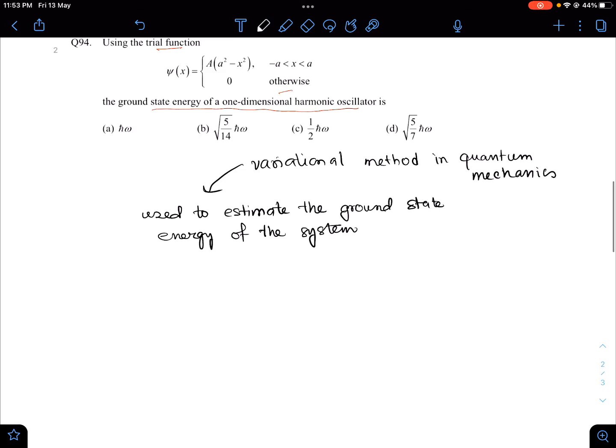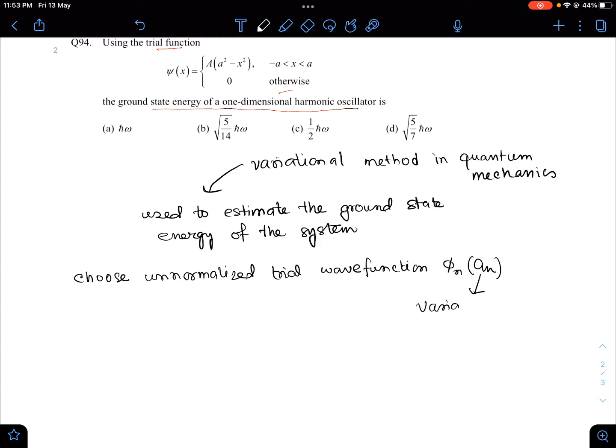So how are we doing this? First we have to choose an unnormalized trial wave function. Suppose this trial wave function is psi, and it is a function of a parameter a_n. This is called our variational parameter.